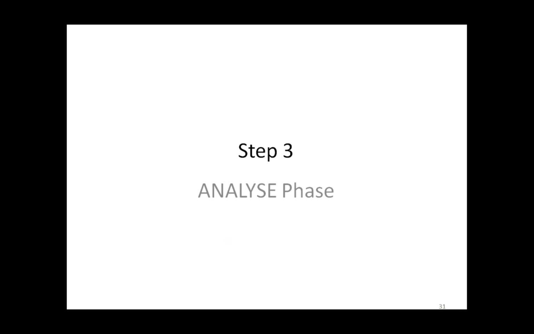So what I'm going to do is run through the rest of the slides slightly quicker, because I know we're just 10 minutes on the top of the hour, and another three steps to go, plus some other things that we want to talk about. So the third step for the DMAIC is the analyze phase.